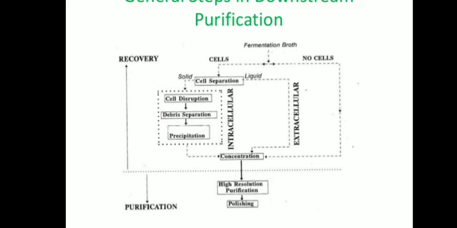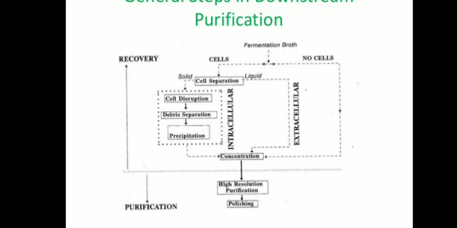Some microorganisms can produce the product intracellularly, meaning inside the cell the product is produced, and some organisms produce it extracellularly, meaning outside the cell. Depending on the production area of the product, it depends which type of technique should be selected for the purification of the product.